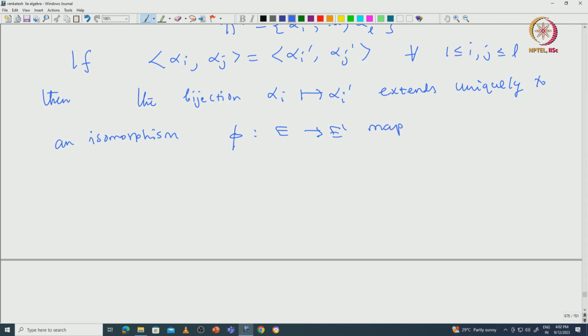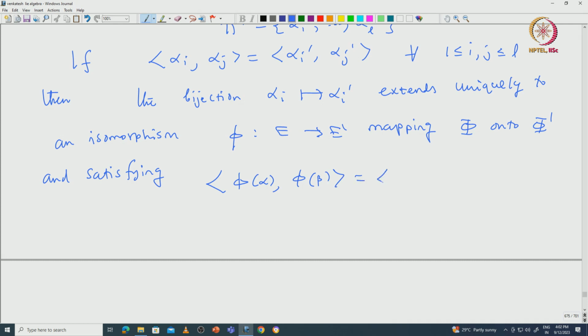So this maps Φ onto Φ' and satisfies the following property: the Cartan integer associated with π(α), π(β) must be the same as the Cartan integer associated with α, β for all α, β in Φ.